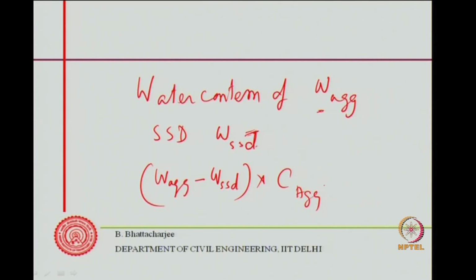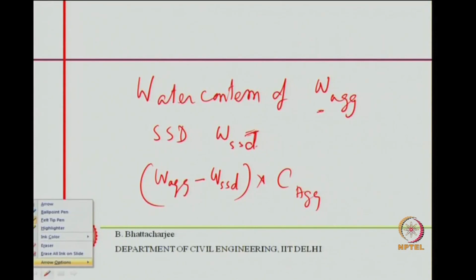If it has less moisture, then slightly more water should be added, because a good lot of it will be absorbed to bring it to the SSD condition, and the aggregate quantity that you are adding should be less than the actual measured aggregate quantity, because in SSD condition mass will be higher. So, accordingly one might do this correction.